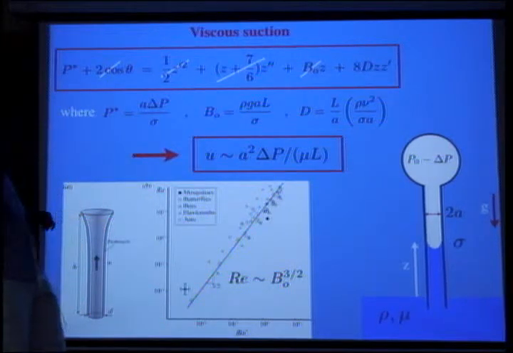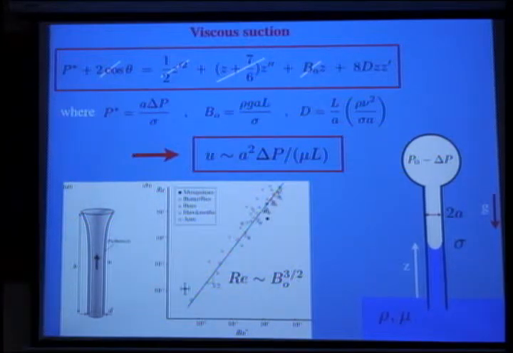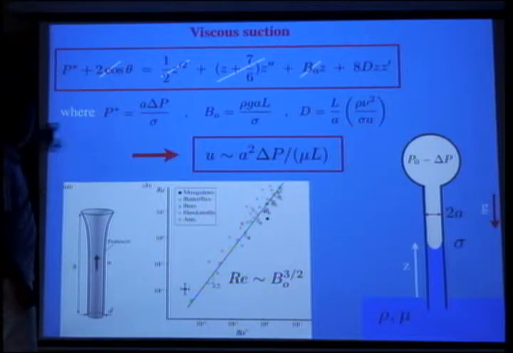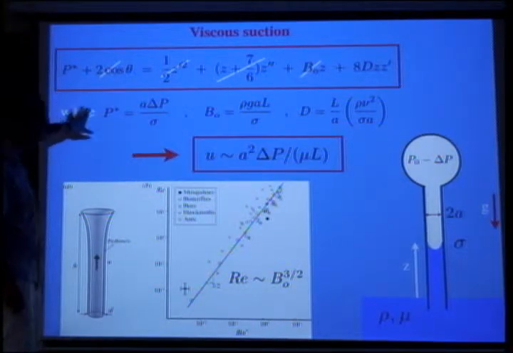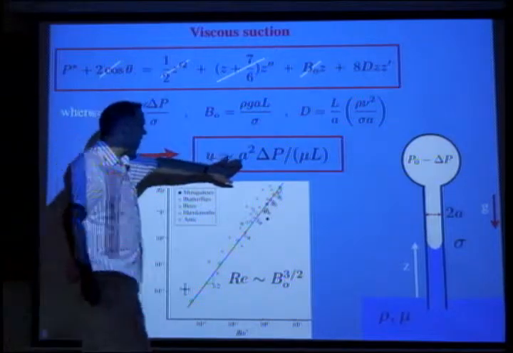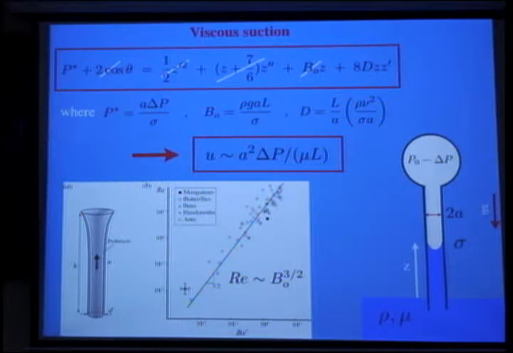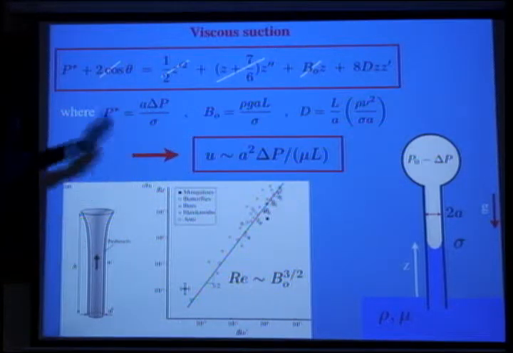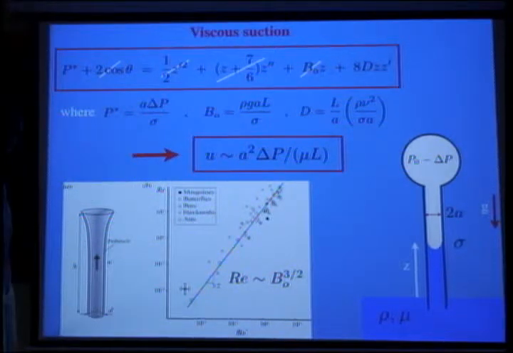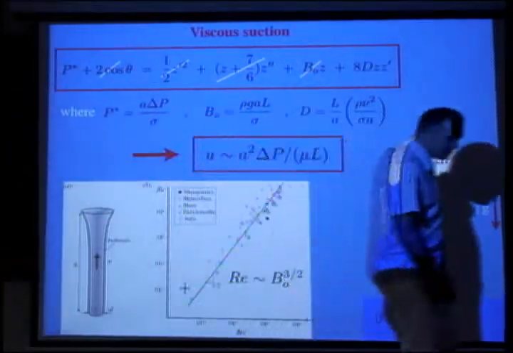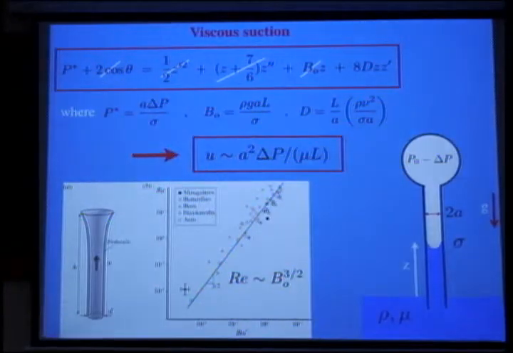They may use capillarity to fill up their proboscis, but then they apply suction, and it's resisted principally by viscosity. So you see this scaling emerging: the velocity goes with the applied pressure and scales with 1 over the viscosity. And that predicts the Reynolds number going as Bond number to the 3/2, so ants, bees, butterflies, all sorts of things. So that provides rationale for that data.